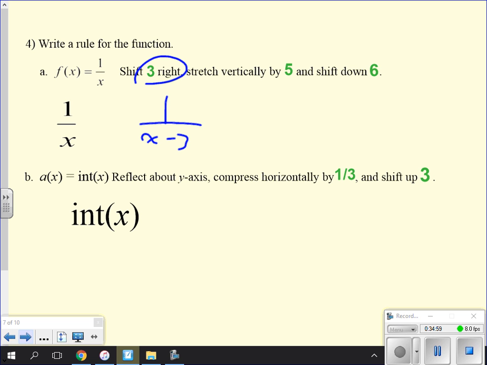And the shift down 6, what does that do? How do I get down 6? I subtract 6. Inside or outside? Outside. So I go minus 6. That's taking the whole graph over and down.